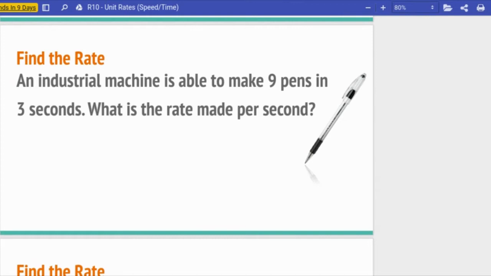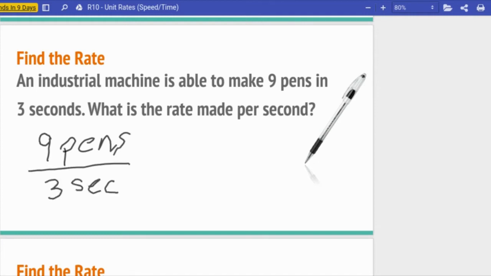An industrial machine is able to make 9 pens in 3 seconds. What is the rate made per second? So our rate is 9 pens in 3 seconds. We want to know the rate per 1 second. So we want the unit rate. So we divide to get to 1.